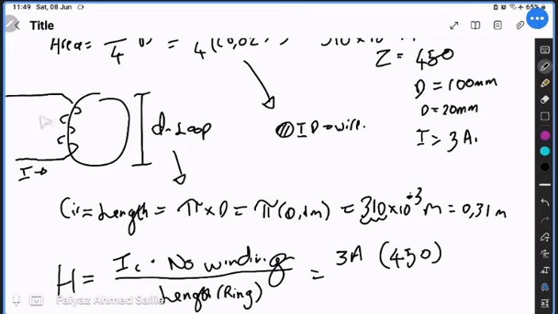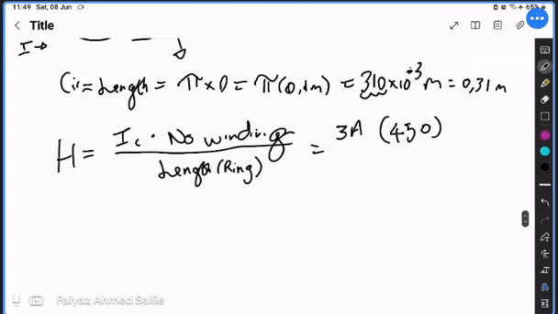So we have these windings over here, and these are like 450 of them. And we all know that for magnetism, if we increase the number of windings, we are going to increase the magnetic strength. So you can see from this formula that if we increase the windings, the strength increases. That is what engineers try to do when they want to increase the strength, or if they want to decrease it, they decrease the number of windings, or they decrease the current, and then they get a decrease in strength.